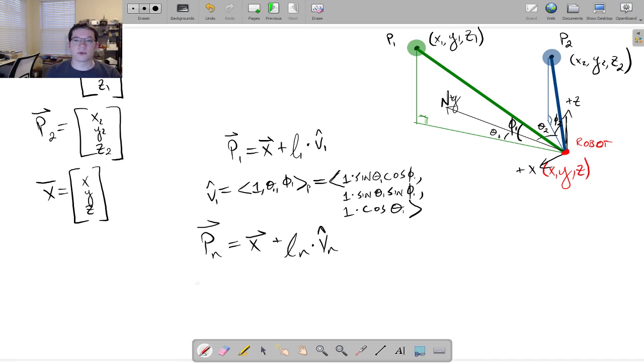And that'll be the case for all of the n's. So n equal to 1, 2, 3, etc.